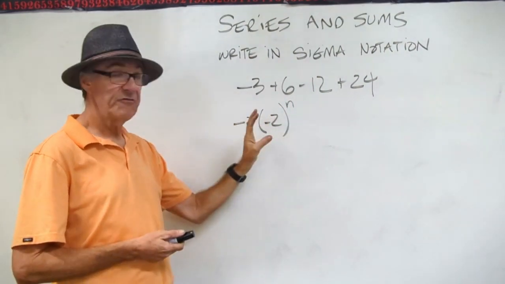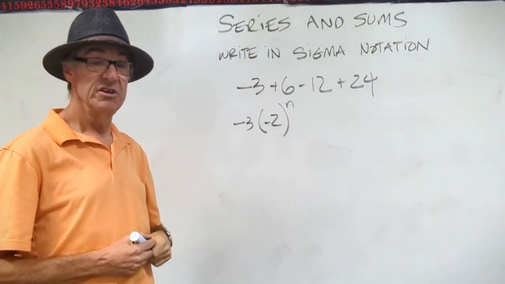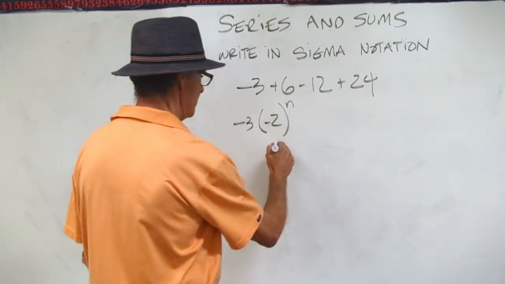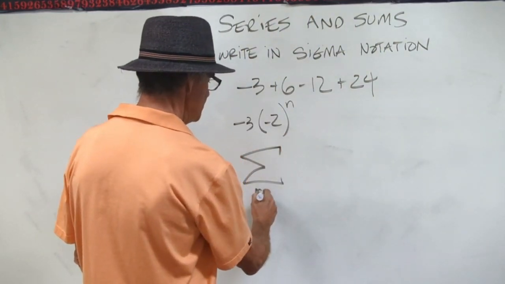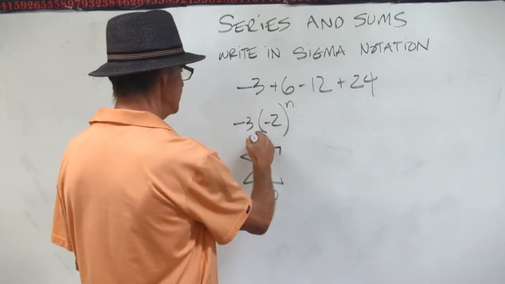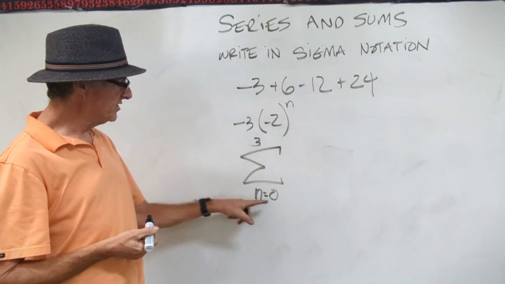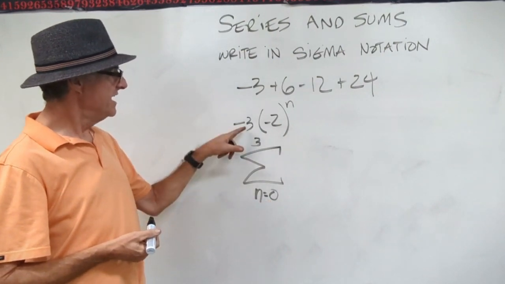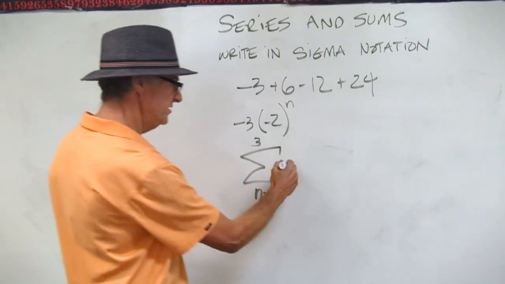Now we could change this formula to fix that, but there's another way to do it with sigma notation. So watch this. What if I do n equals 0 to n equals 3? So this way, I'm going to be able to start with an n equals 0 in my formula right there. So check it, let's finish this out.